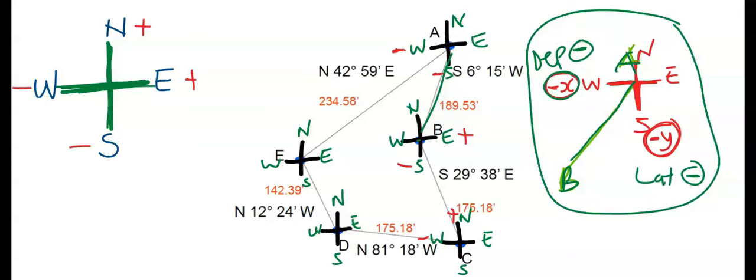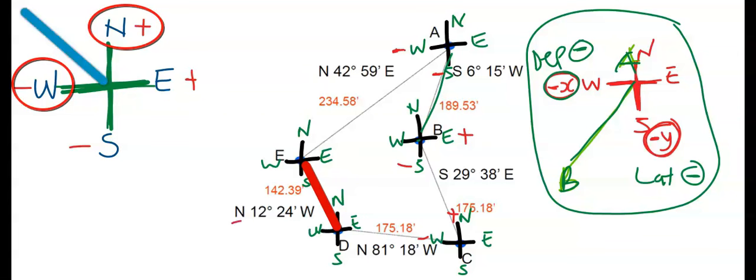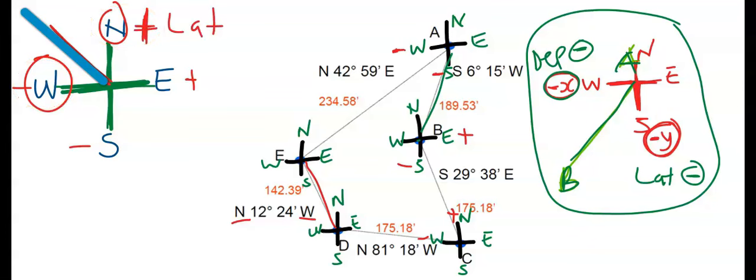Next, consider D to E. D to E is northwest, and this is the north and this is the west, hence the line is here. And you can see from here that your northing, which is your latitude, is going to be positive, and your easting, which is your departure, is going to be negative.